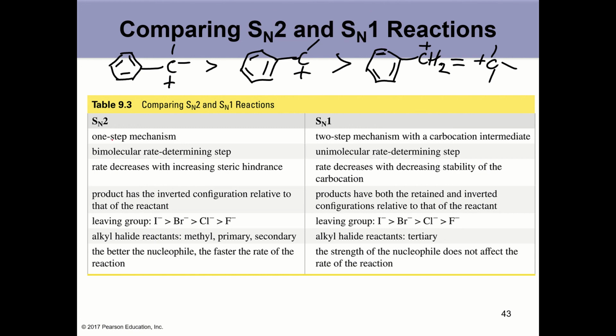So, SN2 and SN1 reactions. SN2 is a one-step mechanism dependent on 2 reactants. Remember that the 2 of the SN2 refers to the number of reactants that affect the rate. So it has a bimolecular rate determining step.